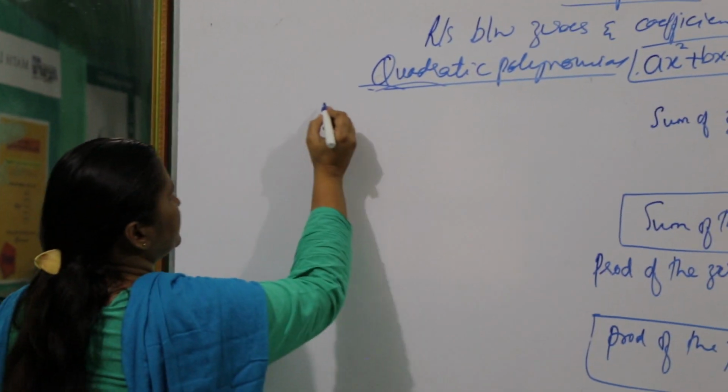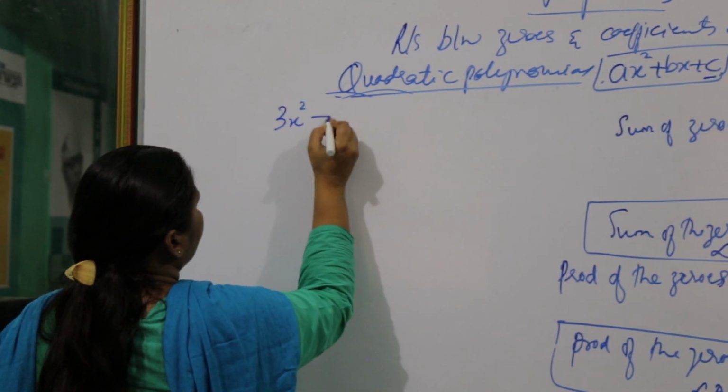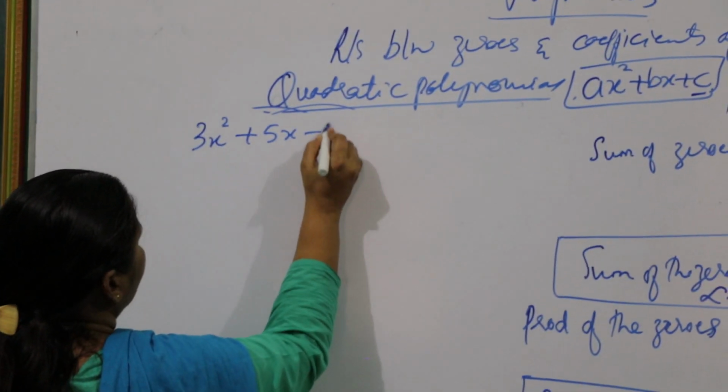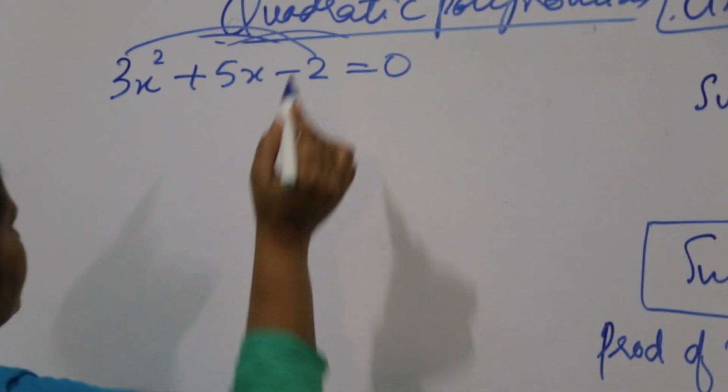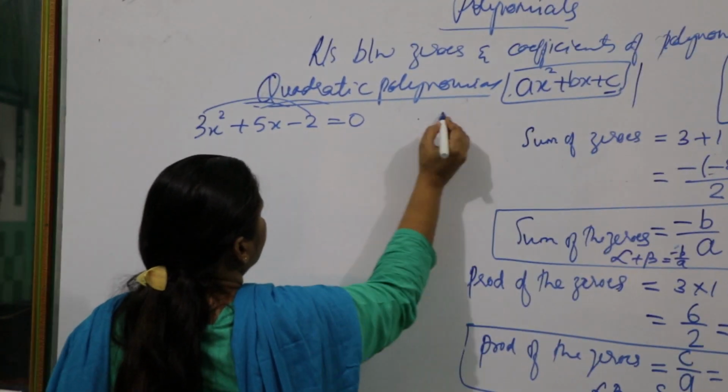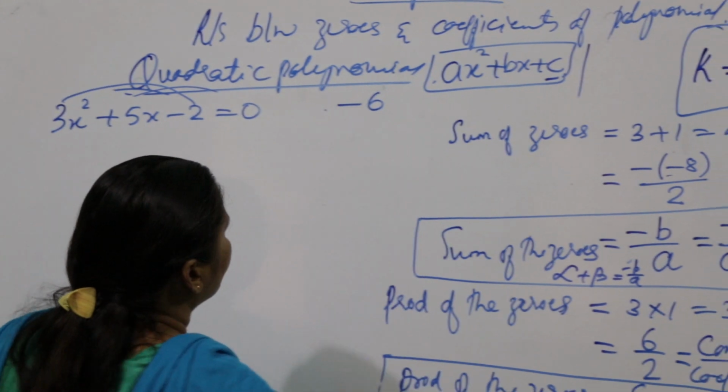Let's try to understand this even better by taking another example. 3x square plus 5x minus 2 equals 0. As we have seen earlier, let us take 3 times 2, which is 6. But we need to keep in mind we have minus 6 here as our product.